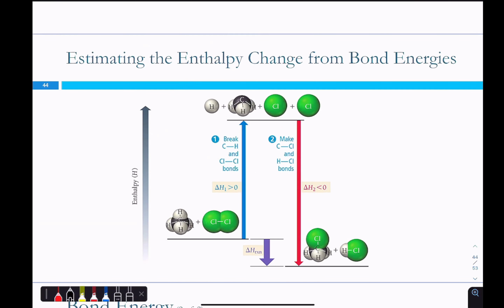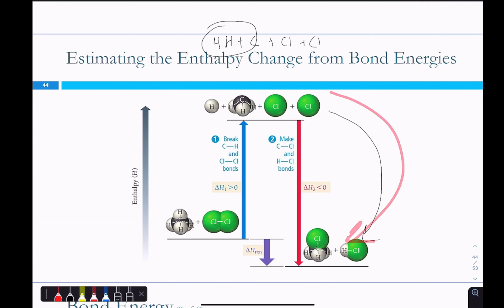So we would get 4 hydrogens plus carbon plus chlorine. But when we reformed those hydrogen bonds, it doesn't matter that we only break some of those bonds, because if we put those 3 extra bonds in here from the carbon, from the methane, then we're going to remake those 3 bonds over here, and so that energy will essentially cancel out in the total function.